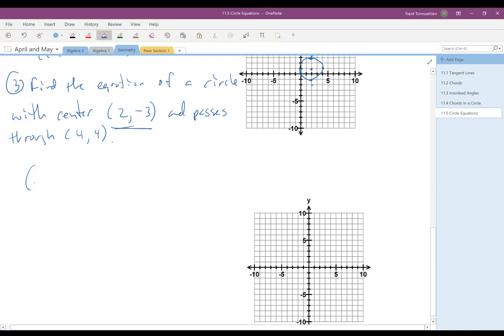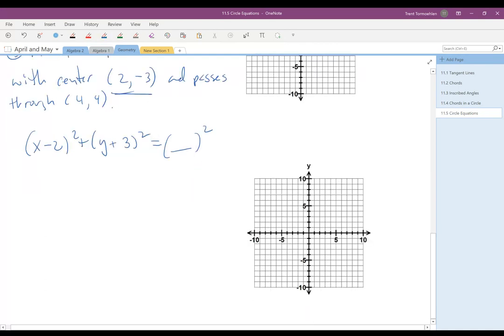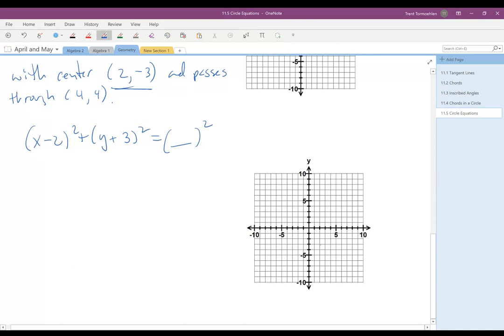So we know our problem is going to be x minus 2 squared plus y minus a negative 3 squared, which is just the same as y plus 3 squared, equals, and then we need to find out what r squared is. Well, if I graph this information, 2, negative 3, and then it passes through the point 4, 4, r is simply the distance from 2, negative 3 to 4, 4.